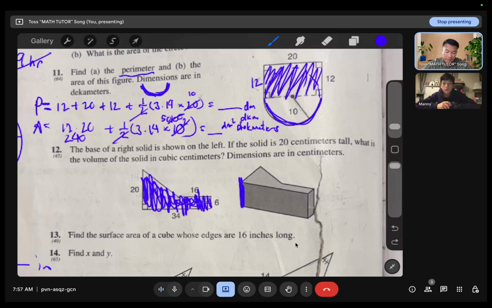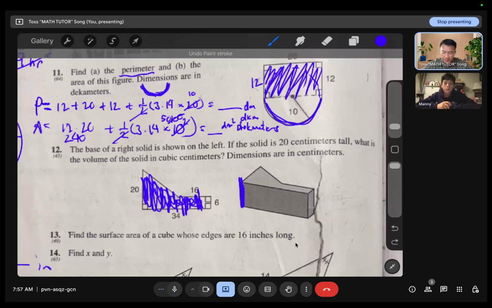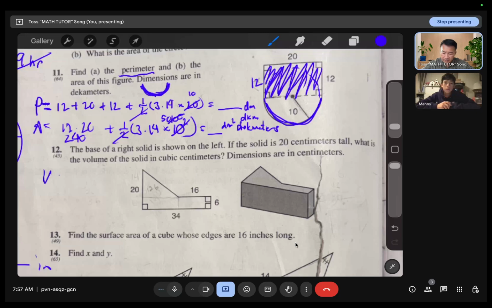The base is generic, right? B equals generic base times the height of the solid. The height of the solid is what again? Let me see, 20. So label 20 here, tall. But then I assume you're going to be breaking this down into triangles and rectangles, right?